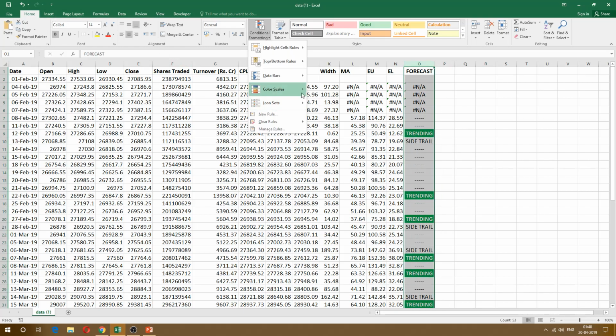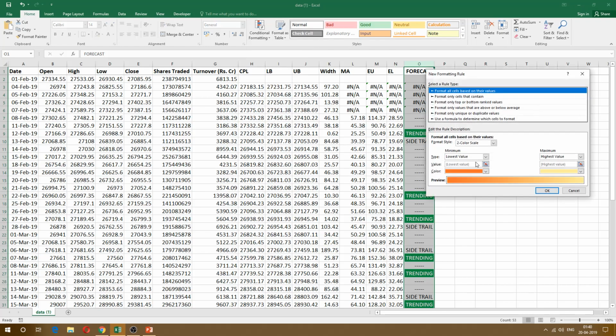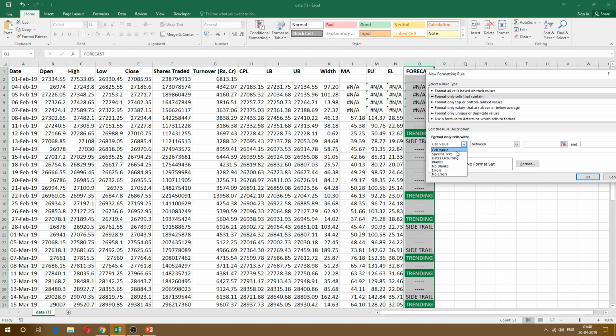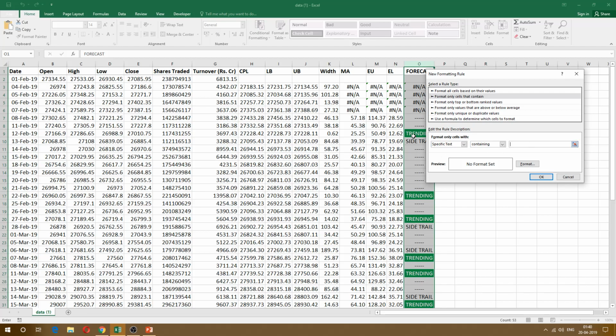You can do conditional formatting. New rule: format only cells that contain cell value, specific text. Since I have already done this for trending, I'll show you how to do this for side trail.